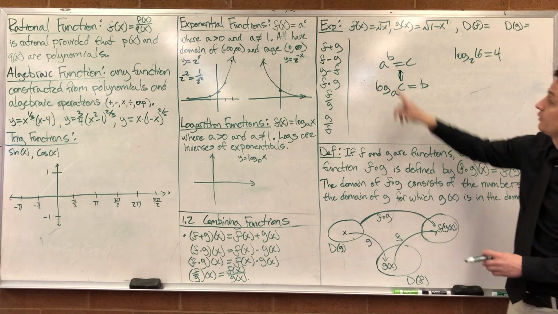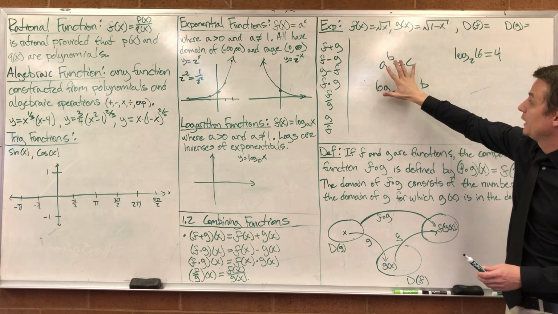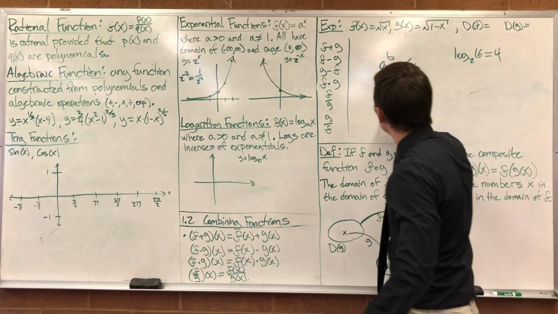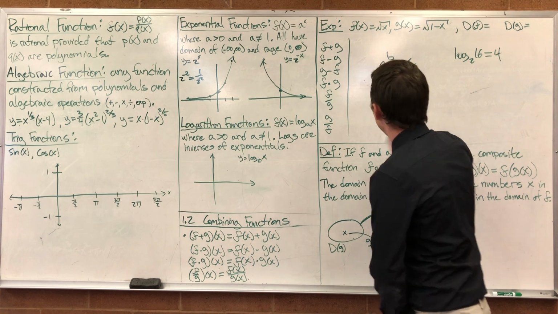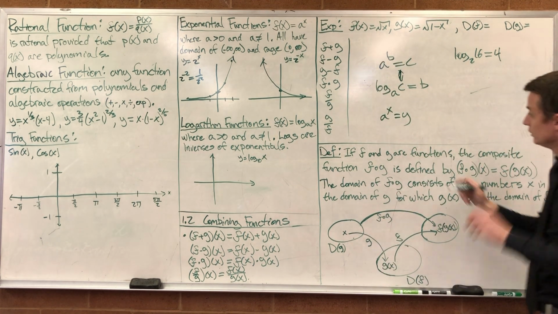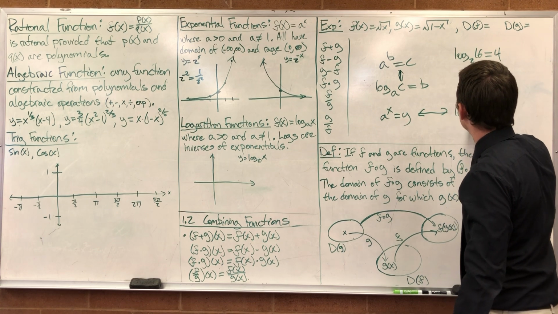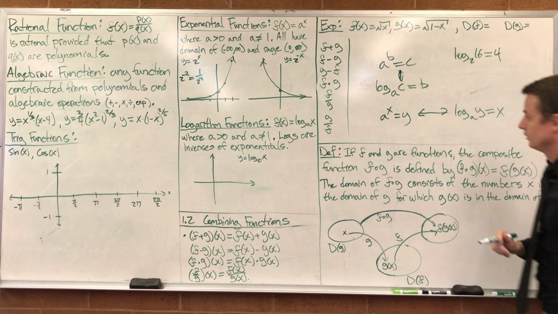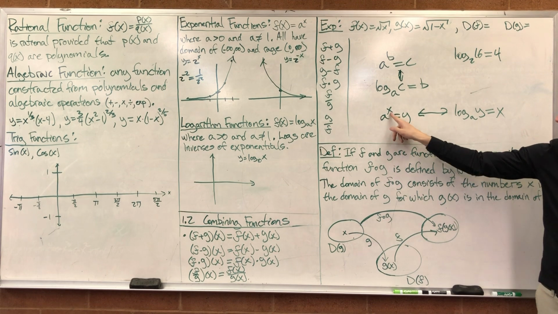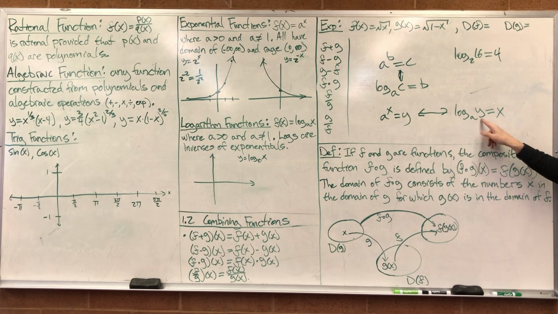So if we think about this in terms of an exponential function, if I say a to the x equals y, and now I write this as a logarithm, another way of writing that exact same thing is log base a of y equals x. So an exponential takes in an x, spits out a y. A logarithm takes in a y, spits out the x. They undo each other.